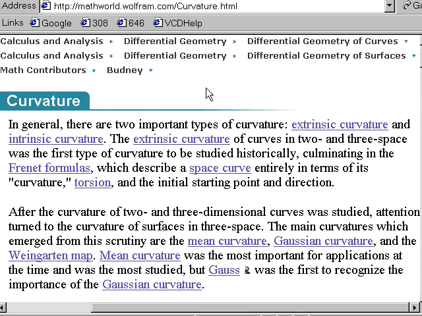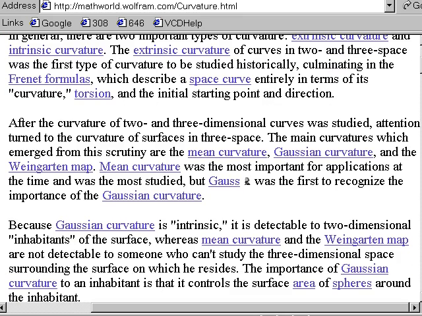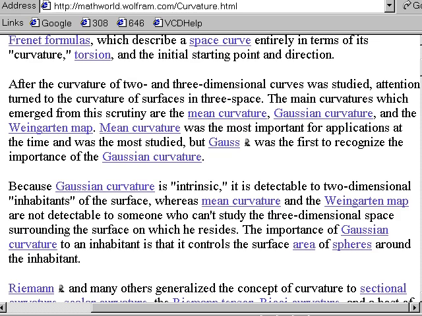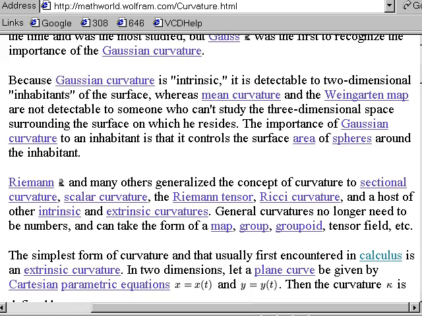In other words, if you parameterize the surface with parameters u and v that amount to coordinates in the plane, in the surface, then the Gauss curvature is an intrinsic invariant curvature for that surface. The extrinsic curvature, which were these Frenet formulas, are not invariant. It depends on how you actually describe the curve in terms of 3-space.